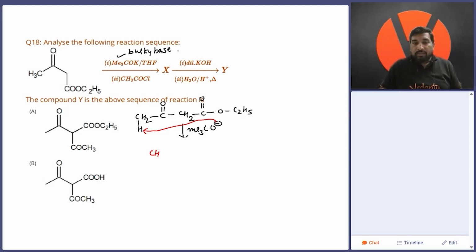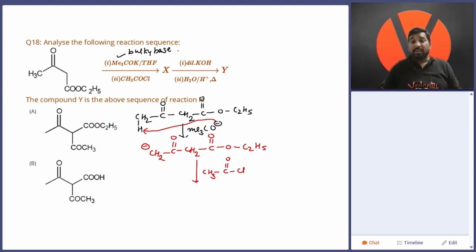So it will form CH2 minus and C double bond O, CH2, C double bond O, OC2H5. Now it will react with C double bond O and Cl. It will react with acyl chloride. This negative charge will attack this carbon and Cl will be removed.